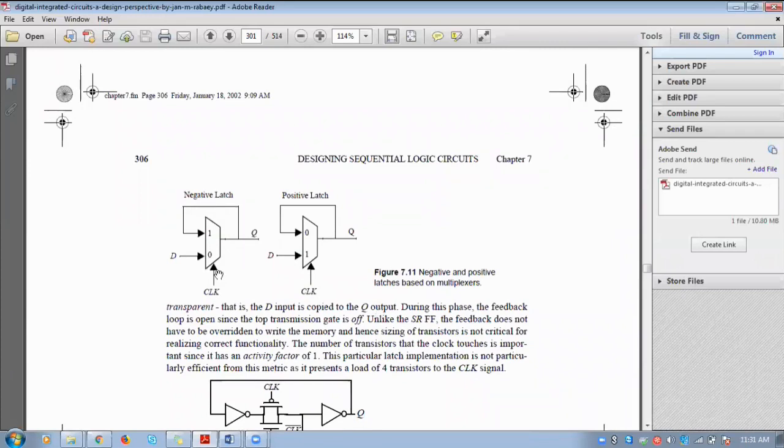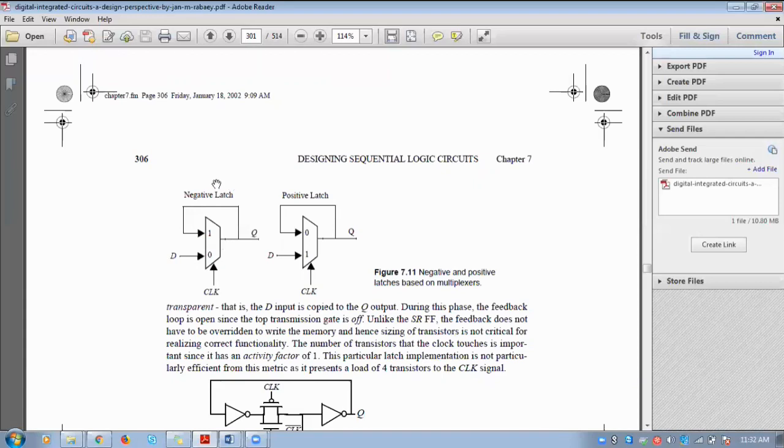Why am I calling it a negative latch? Input is connected to the zeroth pin of your multiplexer. Here the clock acts as the select line. When I am applying a 0 level clock as the select line, at that time only D will come out.